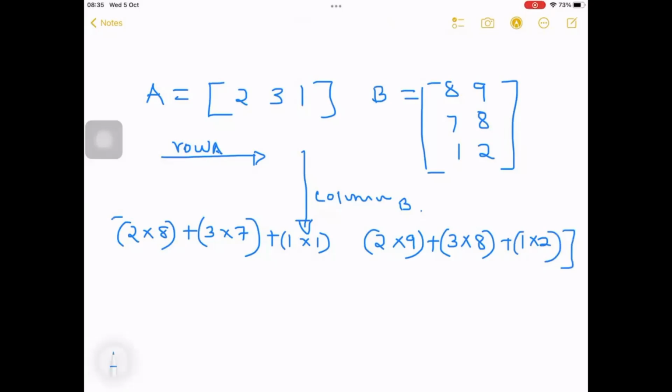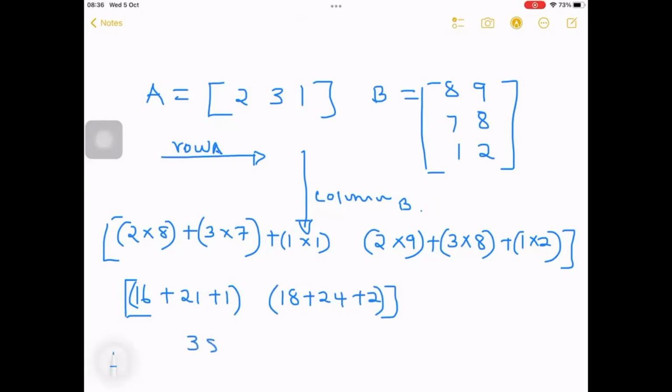It's just to simplify. 2 multiplied by 8 is 16, plus 21 plus 1. And then we have 18 plus 24 plus 2. So 16 plus 21 plus 1 is 38, and the other entry is 44.